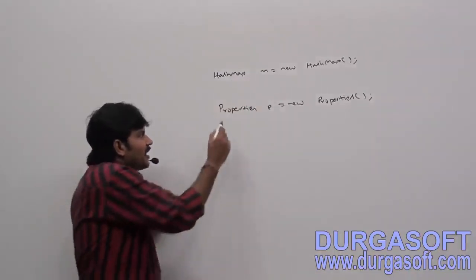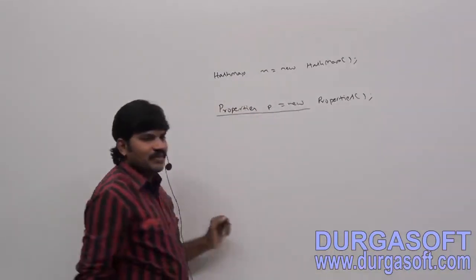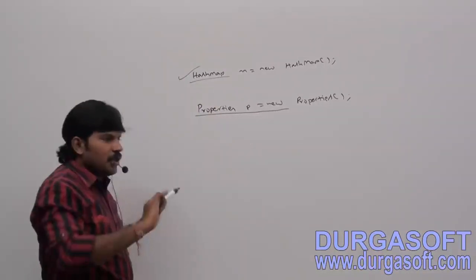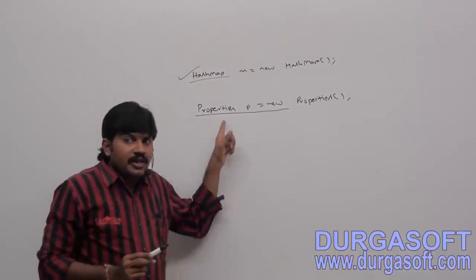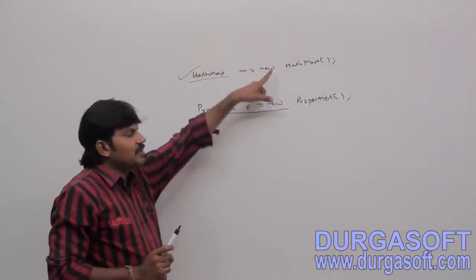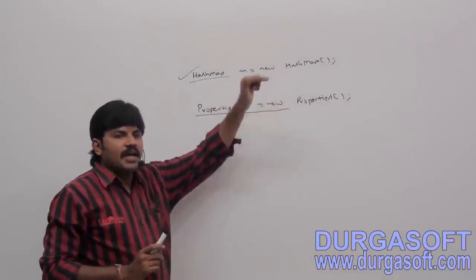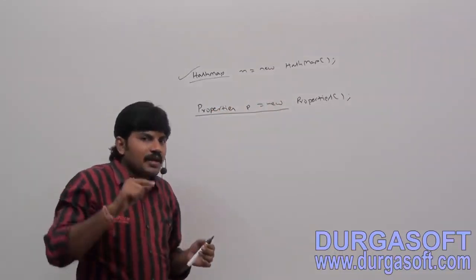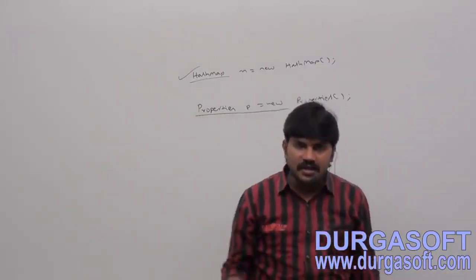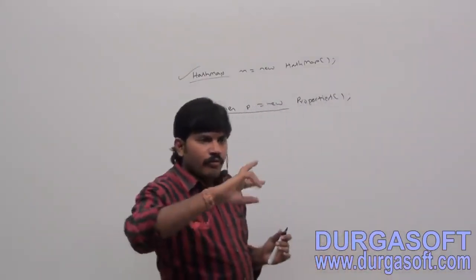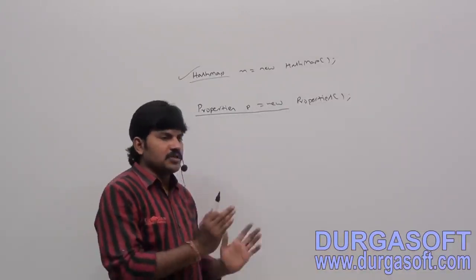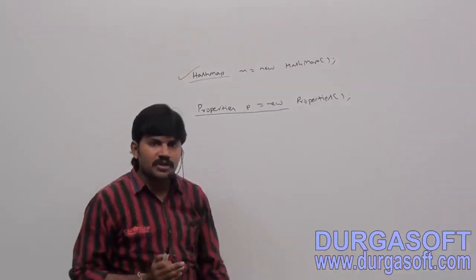But there is one speciality for the properties map. What is the speciality? In HashMap, key value pairs are there. Even in Properties also, key value pairs only. But in HashMap, the key can be any type: a temp object, a string object, an integer, anything. Value can be any type, no restriction.